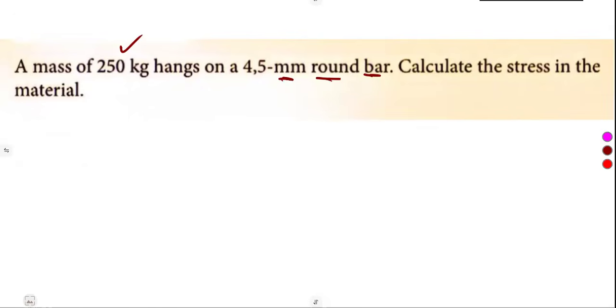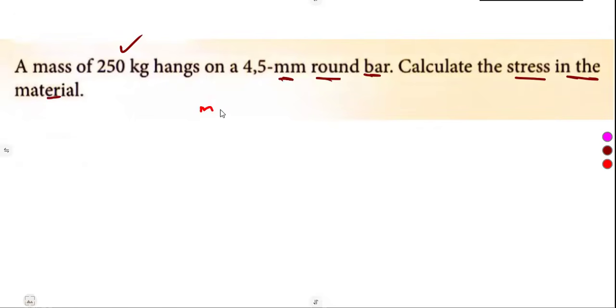So anyways, calculate the stress in the material. From this concept, you are referring to a direct stress, when a force is applied to an elastic body. So that is basically what we have.